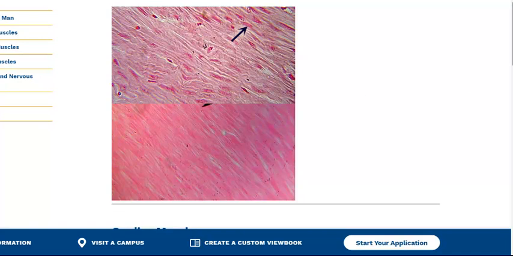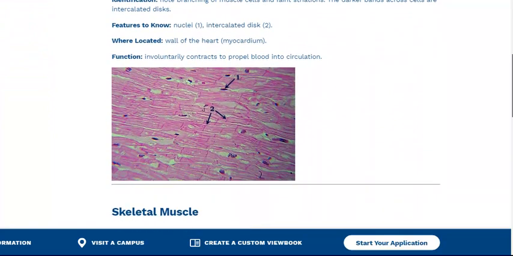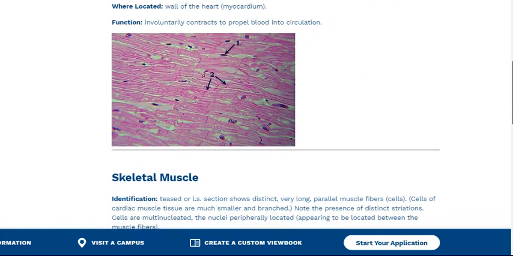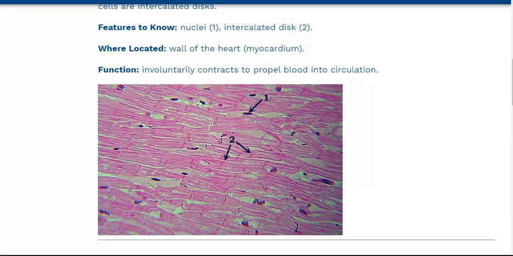Now here, coming on down, is cardiac muscle. And let me make that bigger because you really need to look at it up close. All right. If you look carefully, you can see stripes on it right there. And then you see this.